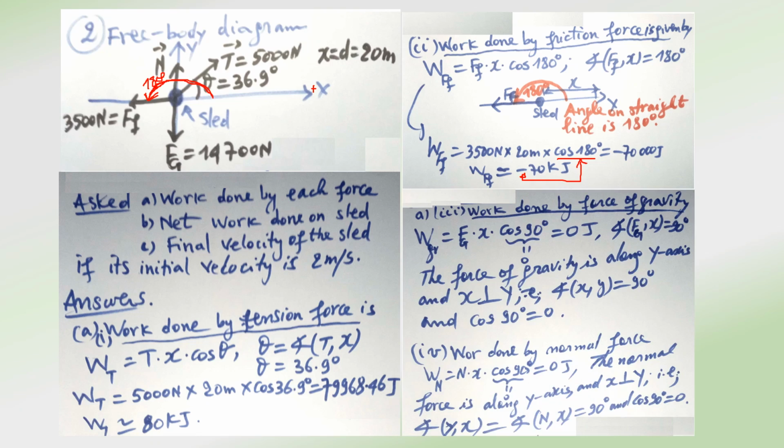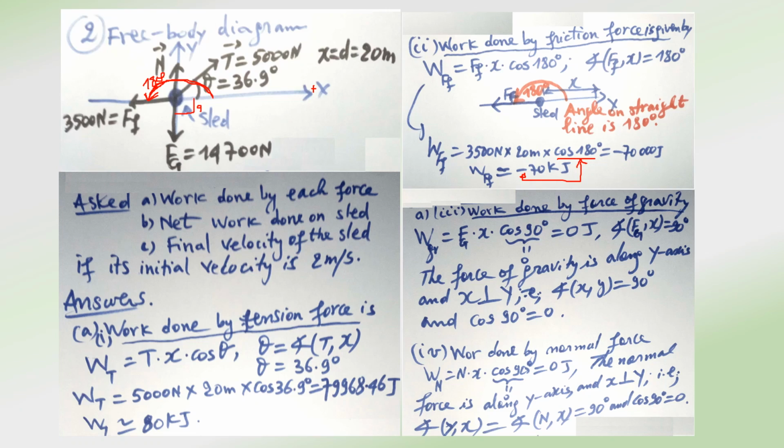Then the work done by the force of gravity. We take the force of gravity times distance moved times cosine of 90 degrees. Why 90 degrees? It's because the force of gravity is along the y-axis, and the angle between the y-axis and the x-axis is 90 degrees.